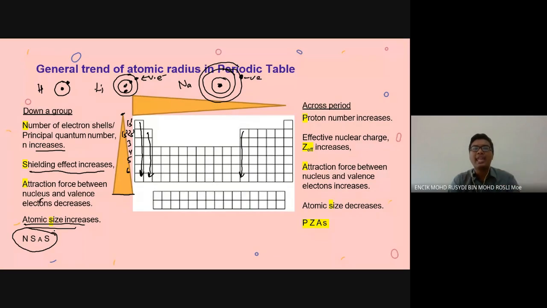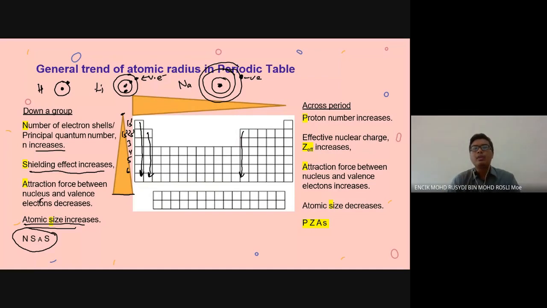So remember NSAS. Okay, and then sudah buat susunan dia macam ni juga. N huruf besar, S huruf besar, A tu kecilkan sikit, S tu besar. Menunjukkan yang besar adalah increases, yang kecil ini adalah decreases.